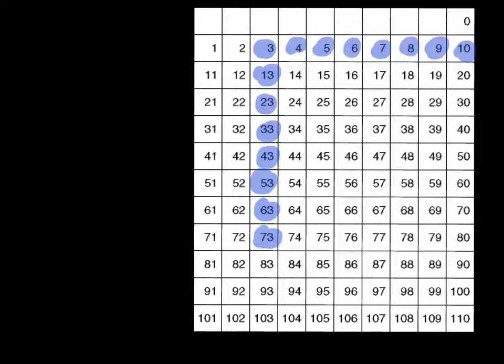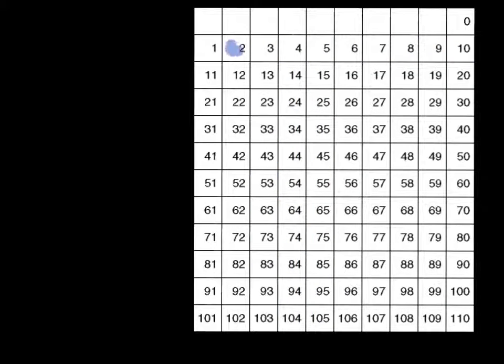The number is increasing by 10. This is how you skip by tens. Everything in this column ends with a 3. So it's helpful to know that if you're skipping by tens, the ones place is always going to end with the same digit.